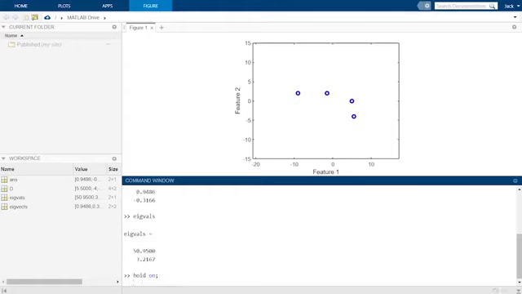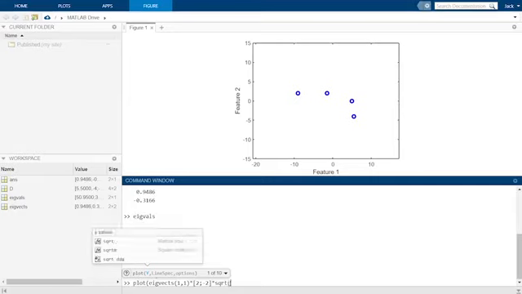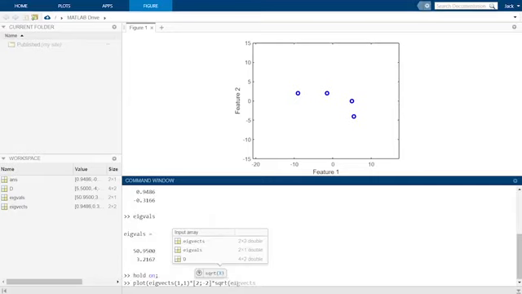Let's plot the long axis of the ellipse, which is defined by the first eigenvector, with a length of 2 standard deviations from the mean, where the standard deviation is defined by the square root of the variance, which is captured by the eigenvalue.